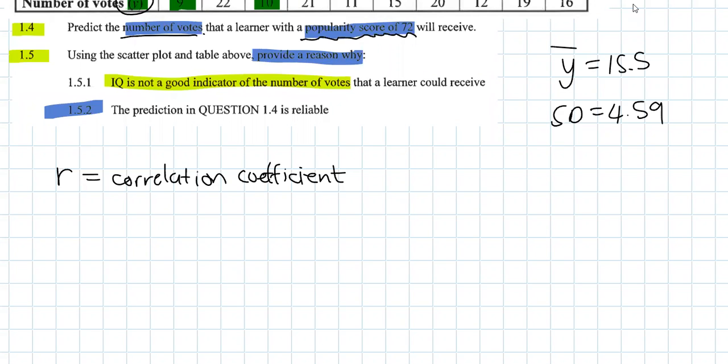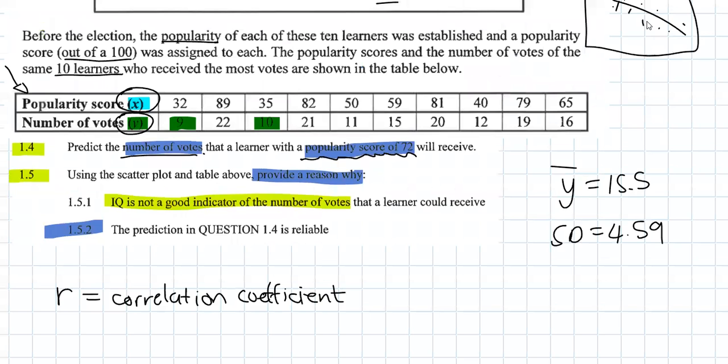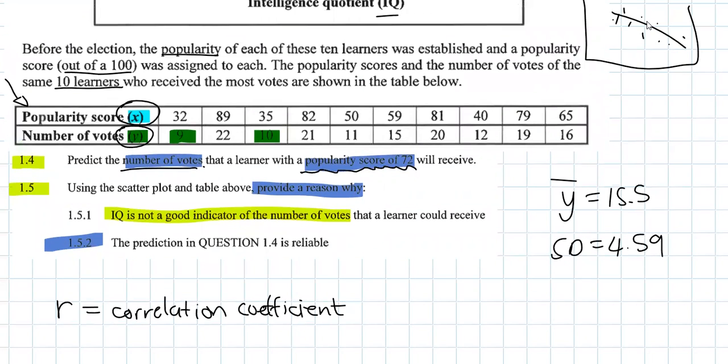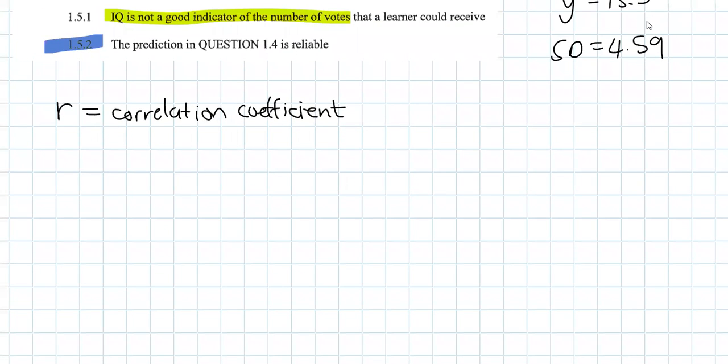First of all, we can look at how to get R. Hopefully you still have your information input from before. We had the popularity score against number of votes already input, but you can go over that again. So it's Mode, number 2 is Stat.